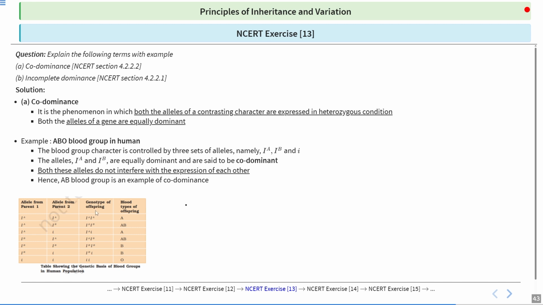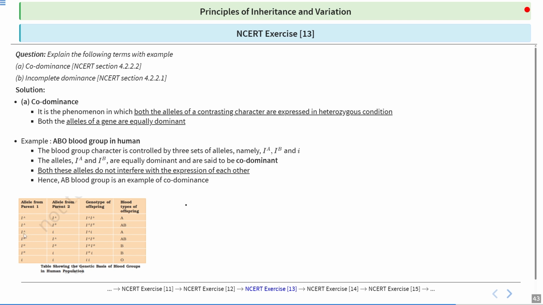This is the genotype, and in the last column the phenotype, or blood type of the offspring, is shown. If one parent has IA allele and the other parent has IA, the offspring will have IA IA genotype and A blood group. Then if one parent has IA and the other has IB, both the alleles are inherited by the offspring, and the blood group will be AB. So here you can see codominance.